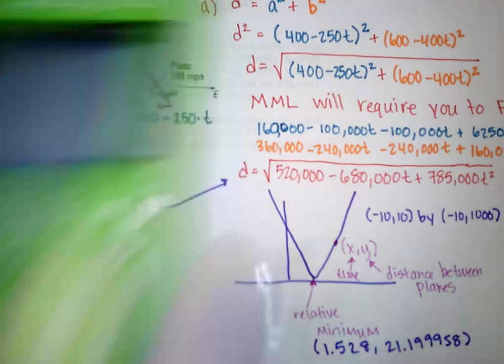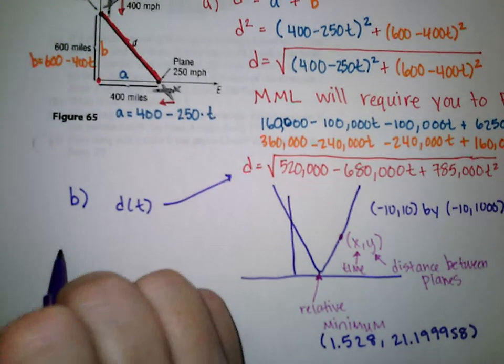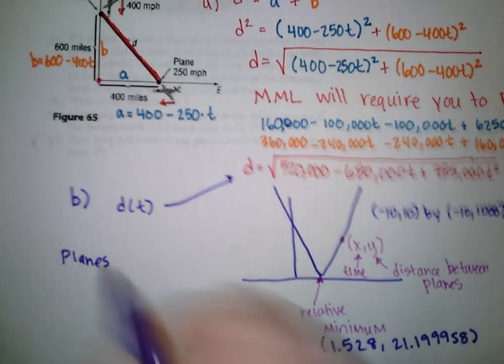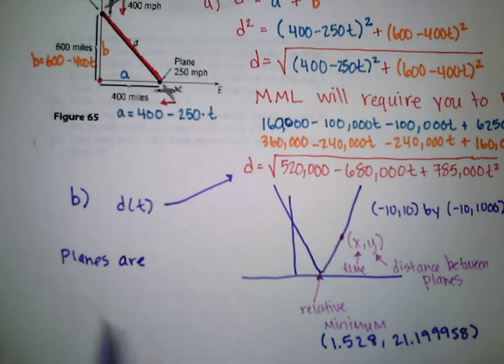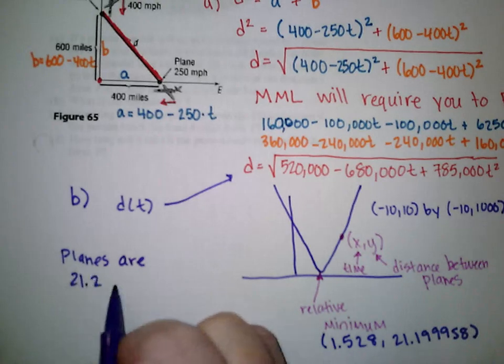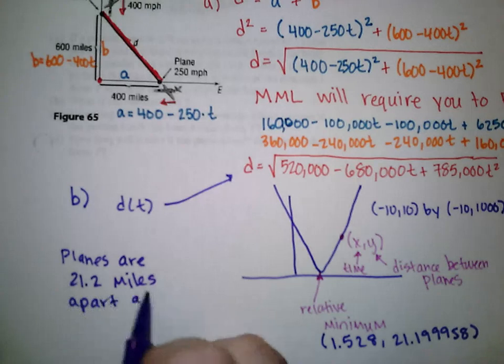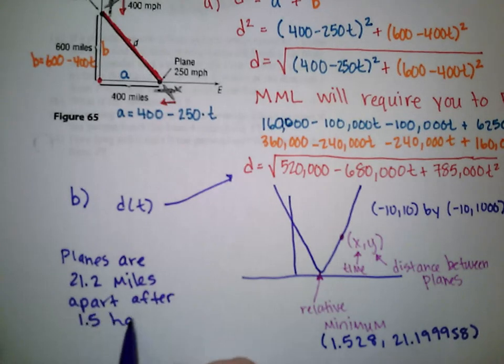So whatever they ask us to round to, we're going to round. And we would have to say that the distance is this guy, so 21.2 miles apart after 1.5 hours. And that's the closest they come to each other.